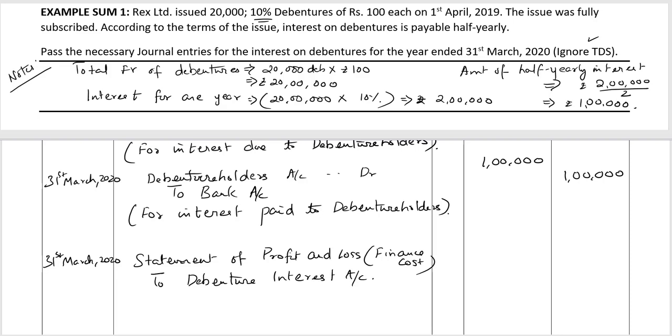The full year's interest will be transferred to statement of profit and loss, finance cost. The full year's interest is rupees 2 lakh.